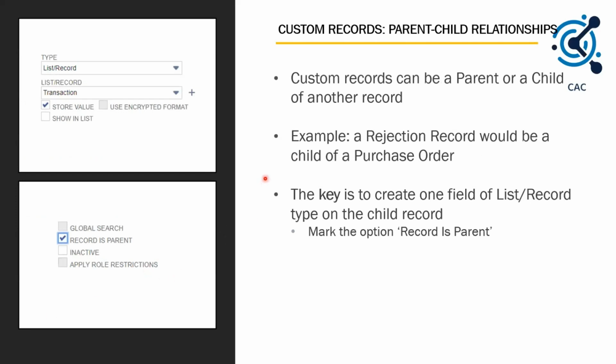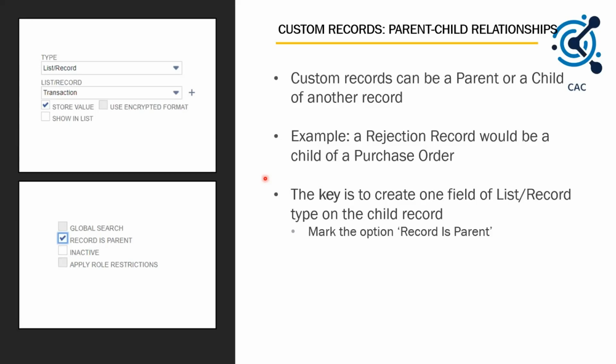The other thing that we can do with custom records is assign a parent-child relationship. That means that a custom record can be a child of another record. An example of this is a rejection record, which you might use as part of an approval process.